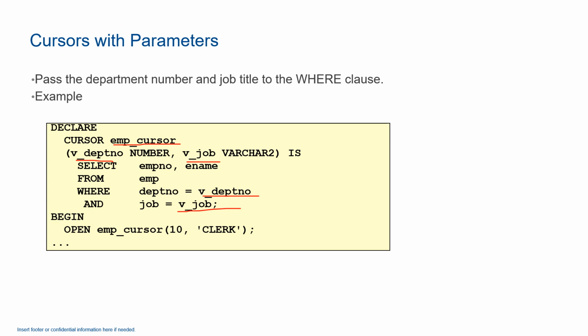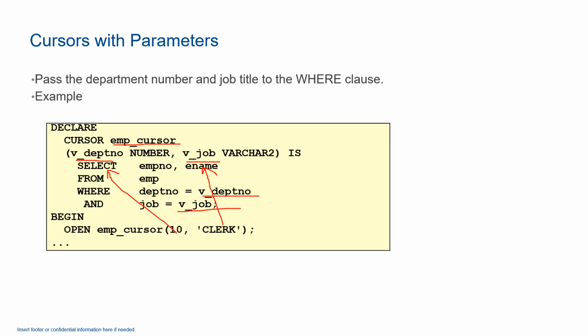Now we open the cursor with 10 and clerk. So 10 is passed as the department number and clerk as the job. So it will select employee number and name from the employee table where department number is 10 and job is clerk.